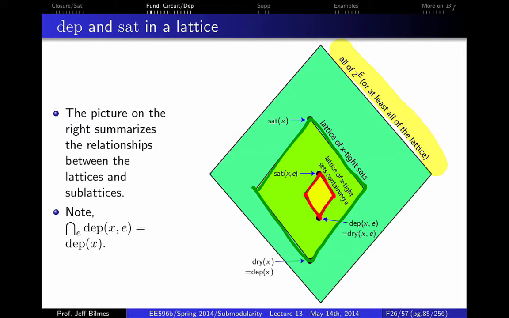So the constructs that exist in Fujishige's book are sat and dep. But in addition, we're defining non-Fujishigian constructs, which are sat x,e and dep of x. So he doesn't actually define that, but it's very natural to define them.